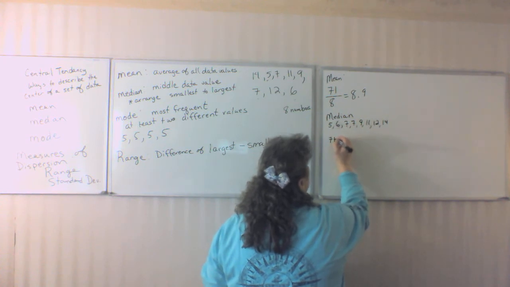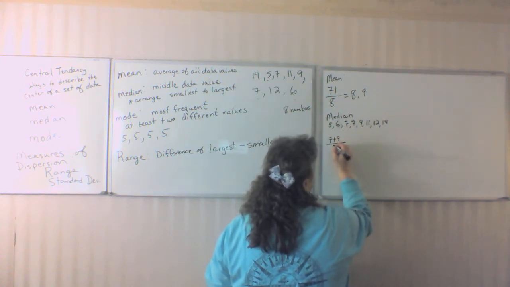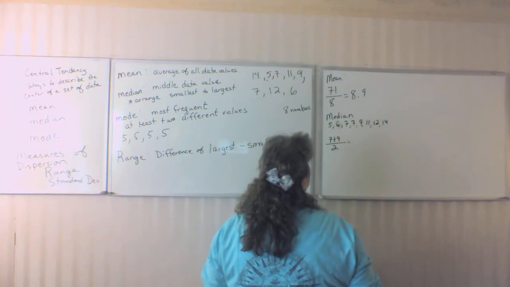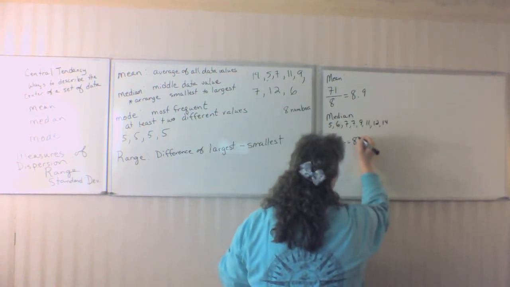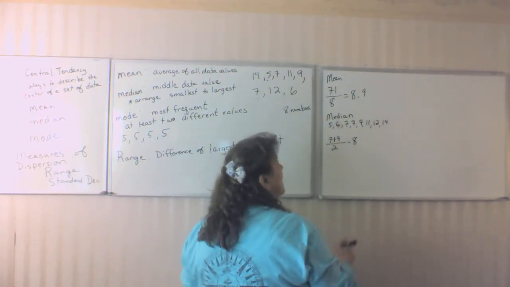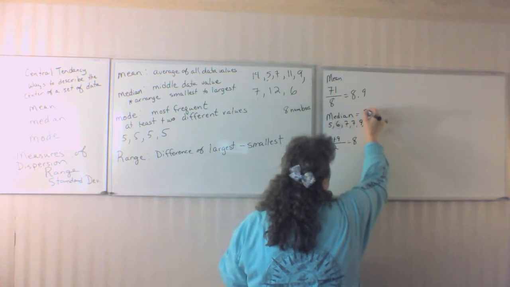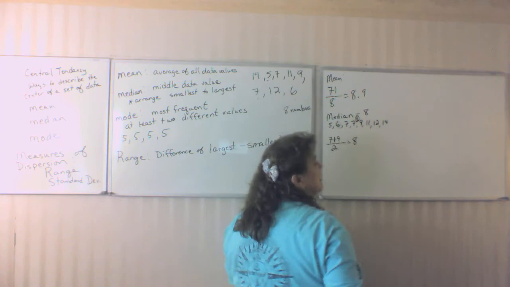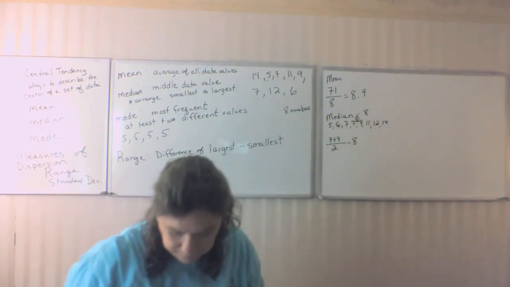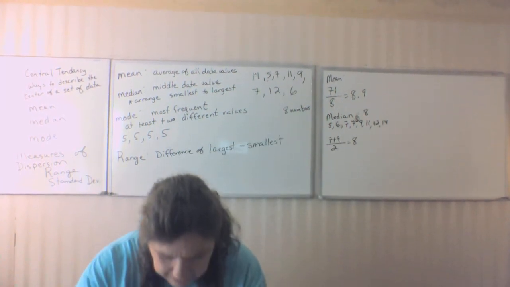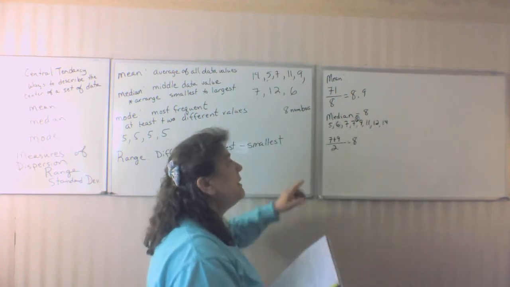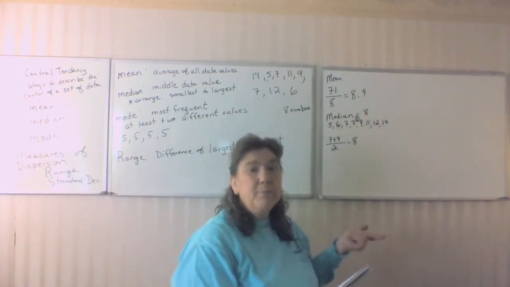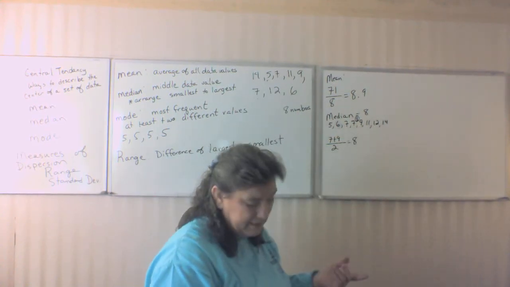So you add the 2 center values, divide by 2, and you're going to end up with 8. So my median is equal to 8. So it's right between those two, which is an important thing to know. Okay, so that's your median. Your median is not always a data point. Sometimes it is, sometimes it is not.